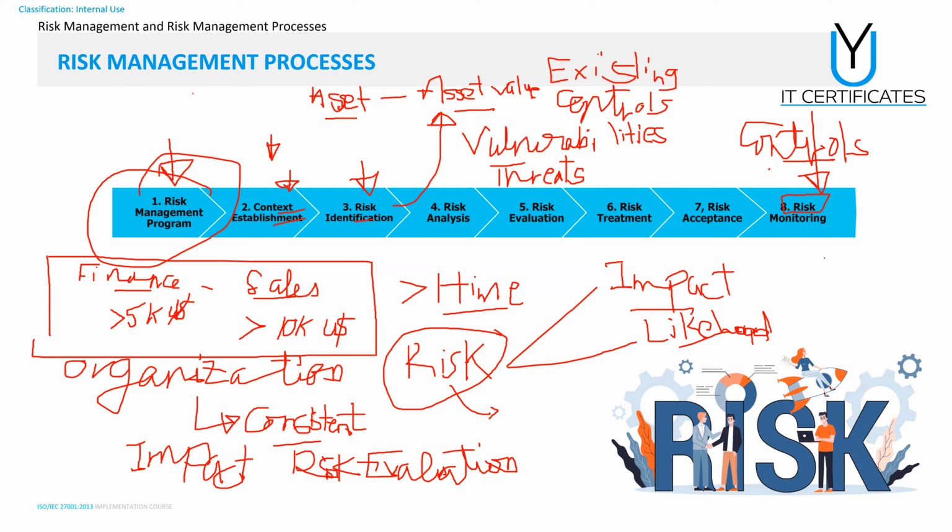Besides, we have to assess that the security controls are performing properly and are able to achieve the control objectives. If I have a firewall and the firewall is not doing its job properly, then this means that my risk is still high.